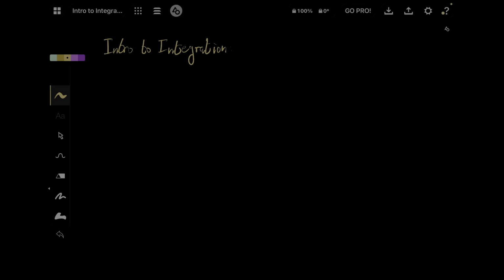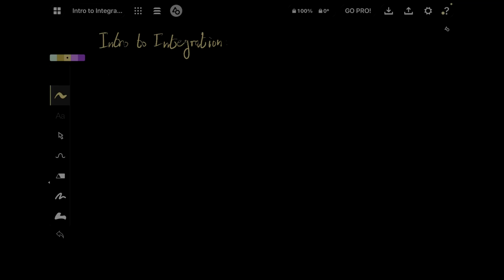As I said in the introduction, integration is the second very important part of calculus as a whole, with differentiation being the other part. Now, integration and differentiation are actually opposites of each other.